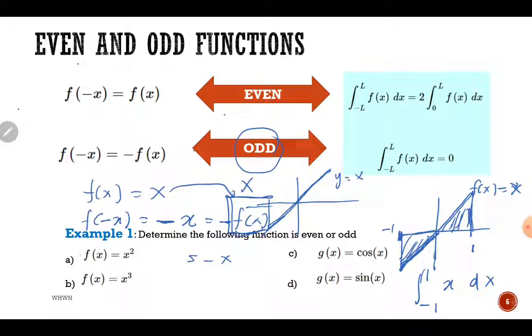So area ni nanti you akan dapat 1/2. Yang ni pula adalah negative 1/2. So bila you campur these two together, you akan dapat 1/2 tambah dengan tolak 1/2. So bila tambah, you akan dapat kosong. Boleh faham tak? When the function is an odd function, bila you sumkan daripada negative 1 ke 1 atau from here negative L to L, dia punya integration will sum up to 0.